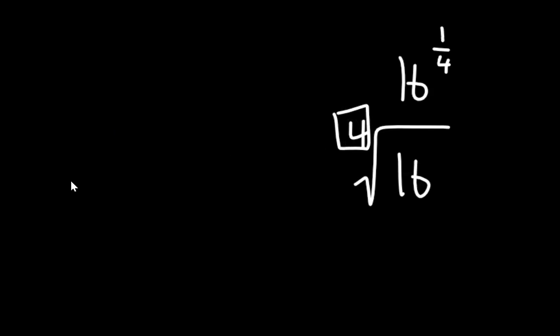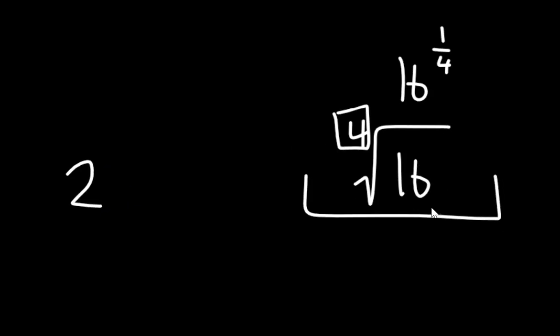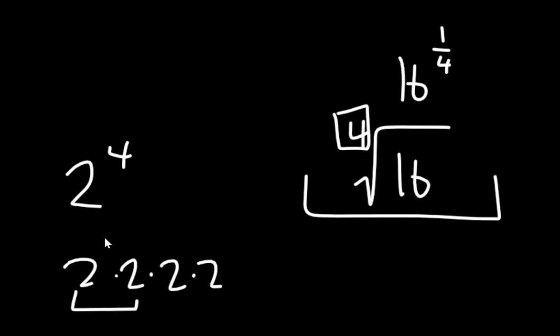In this case, the answer is 2, because 2 times 2 times 2 times 2 is 16. This is 4, and this is 4. 4 times 4 is 16. You don't really need to know this as much. We'll go over this next week as well.